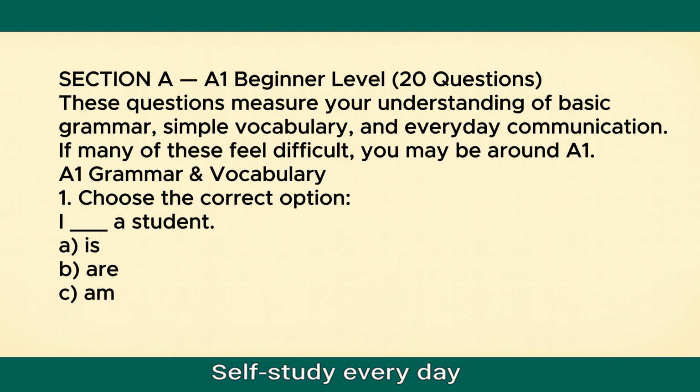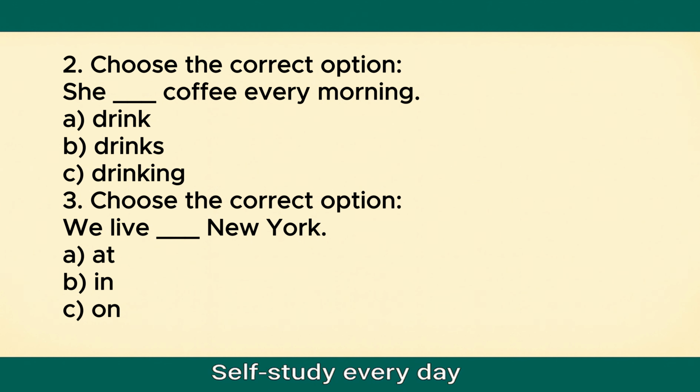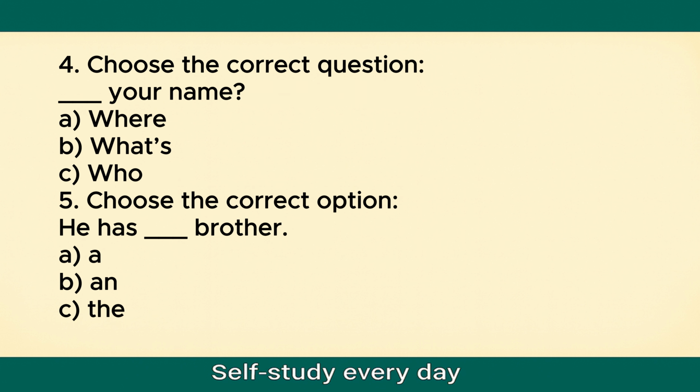C, am. 2. Choose the correct option. She blank coffee every morning. A, drink. B, drinks. C, drinking. 3. Choose the correct option. We live blank New York. A, at. B, in. C, on.